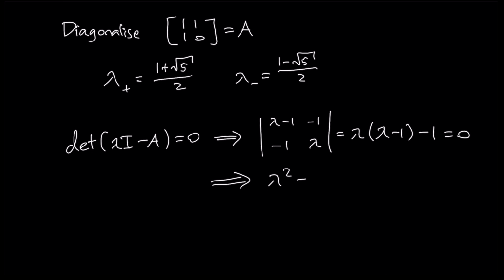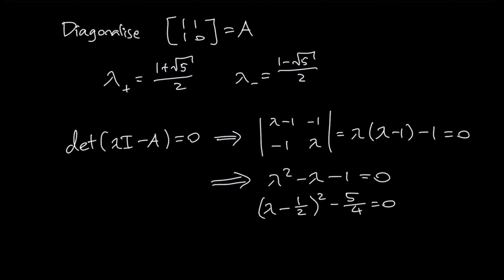So we have lambda squared minus lambda minus 1 equals 0. And I'm going to solve this quadratic by completing the square. So I get lambda minus a half squared, and then I've also got a plus 1/4 in that, so I need to subtract 5 over 4 equals 0.